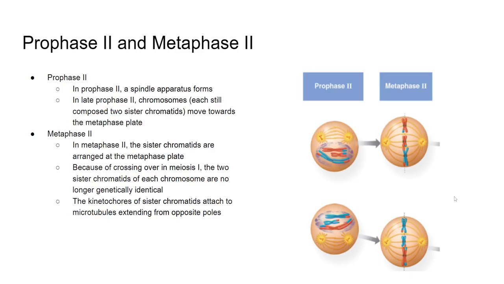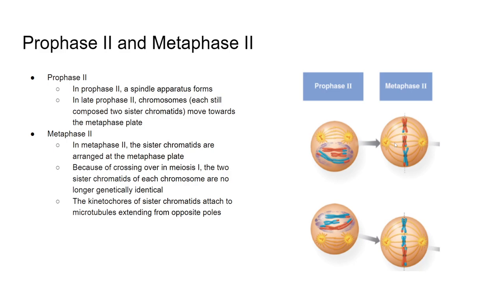So in prophase 2, same idea. Centrosomes, the nuclear envelope is going away, and the chromosomes are starting to condense. We see it happening in both cells, right? After telophase and cytokinesis in meiosis 1, we had two new daughter cells. And so in metaphase 2, we're seeing the same thing happen in the two new daughter cells.